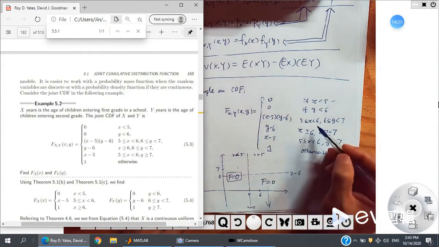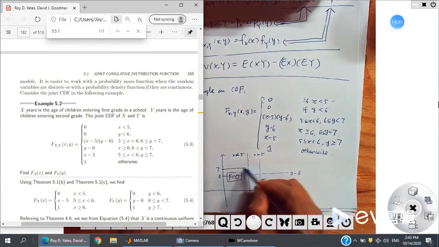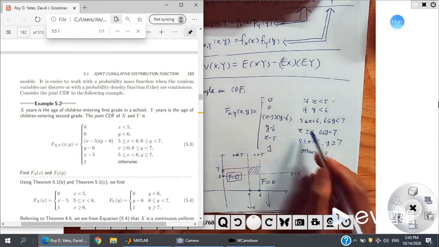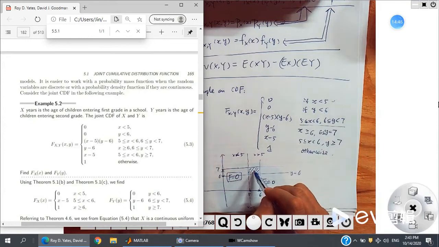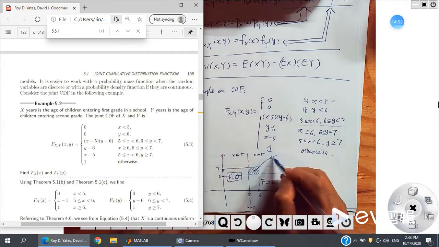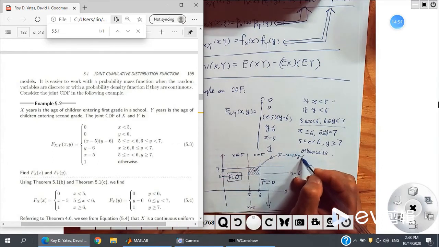And then when x is between 5 and 6, and y is between 6 and 7, that means this area. When x and y satisfy this condition, the location of the xy point will be here, and F will be x minus 5 times y minus 6.